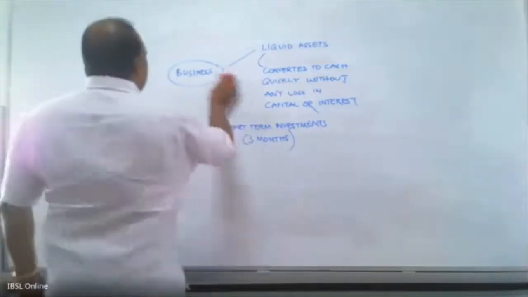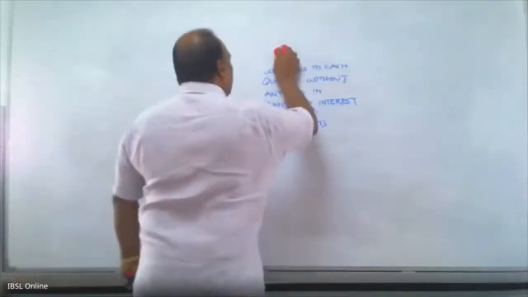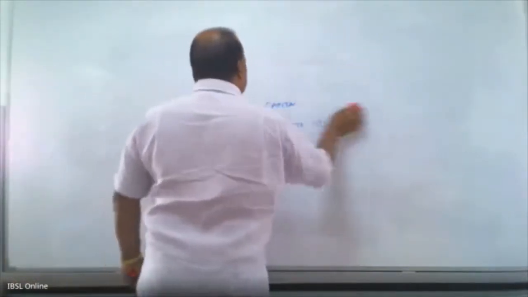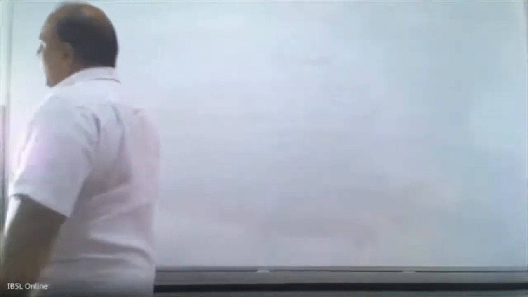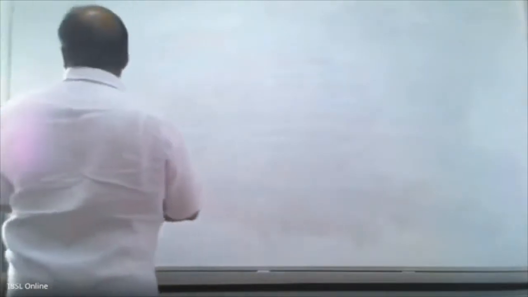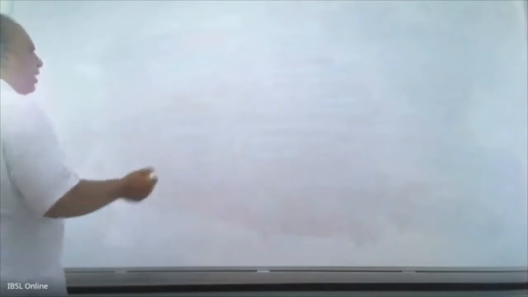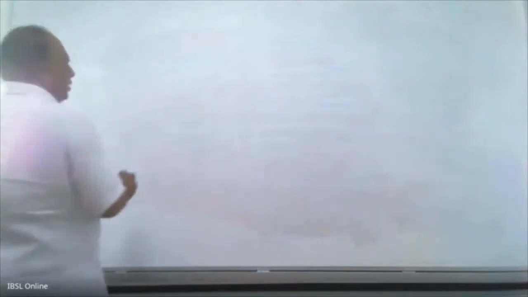Now the next thing that we are going to do is, now you already know cash and cash equivalent, and now we have looked at cash flows also. Now for the purpose of statement of cash flows, we can divide the business activities of a company into three categories.